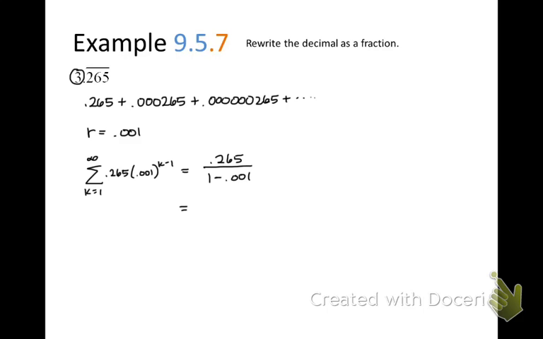So that ends up being 0.265 all over 0.999, but since they have a decimal in the same position, can I just drop it? And so that means that my number is 3 and 265 over 999. Whoa, that kind of looks sloppy, doesn't it?